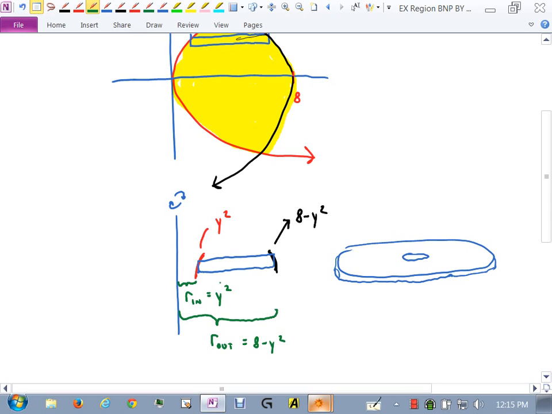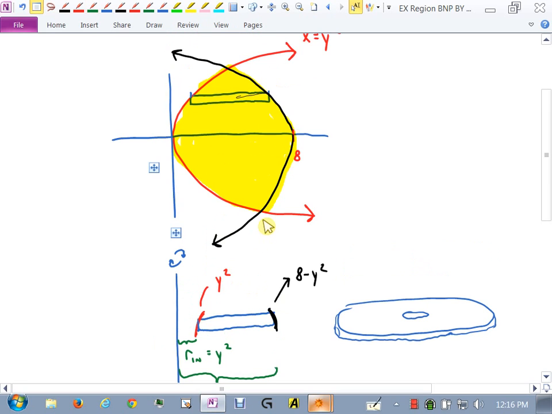We have any issues with that? No? All right. Then we set up the integral. But now that we're sideways, instead of going from A to B, we need to go from C to D, like we did with areas, right? But that means I need to know where these two hit each other, don't I?